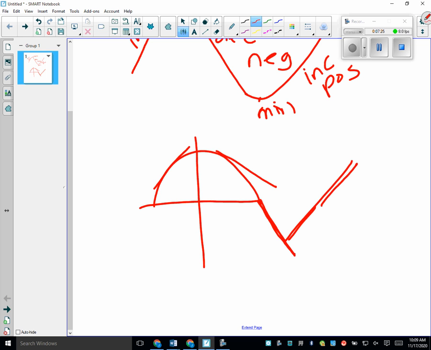Okay, now. Where am I? F. Where does it have an inflection point? It has an inflection point when it changes concavity, correct?